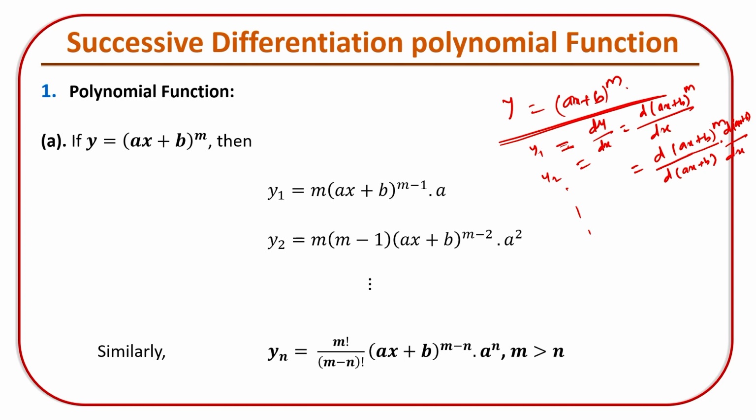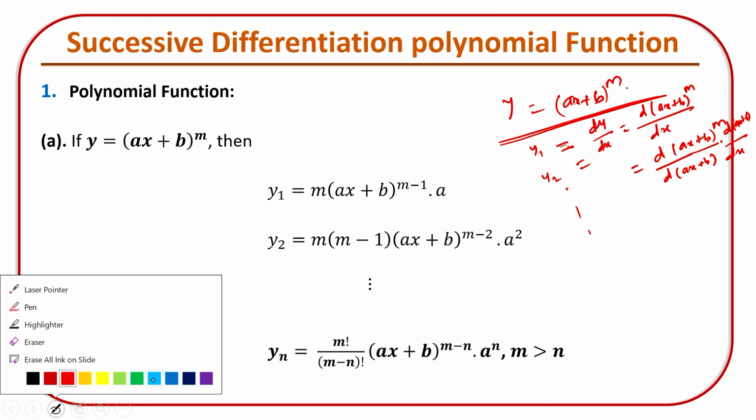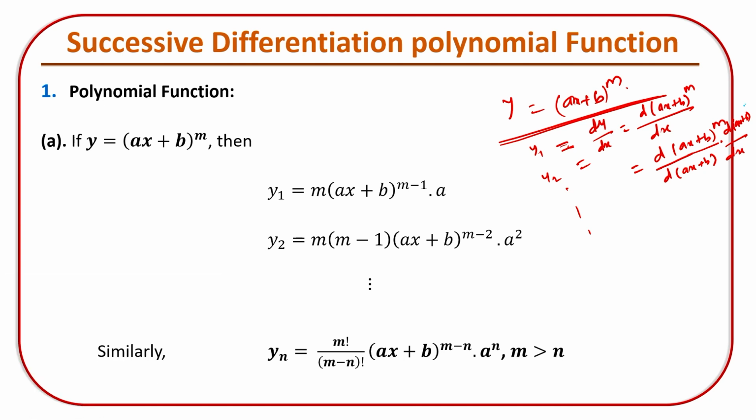So if I cancel it out, this is the same thing, and I know the answer. This is equal to m into (ax plus b) power m minus 1. And the derivative of ax plus b with respect to x is a. So that will be your answer, right.